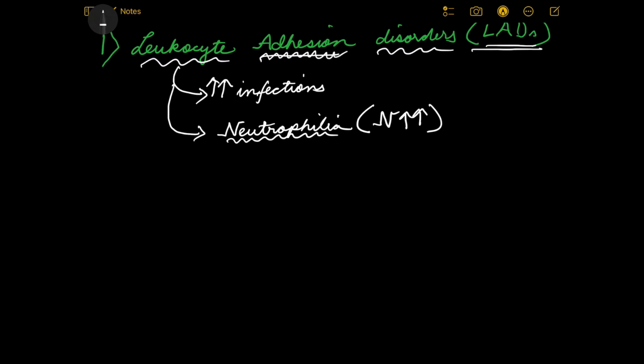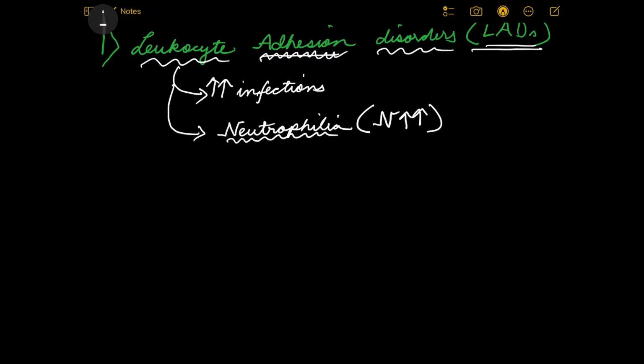It was a tactic employed by our body to push the neutrophils out of the blood vessel so that they can migrate to the offending agent source which is present outside the blood vessel. But now you cannot do that.